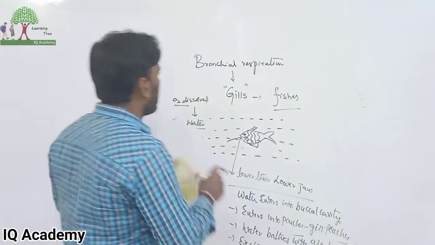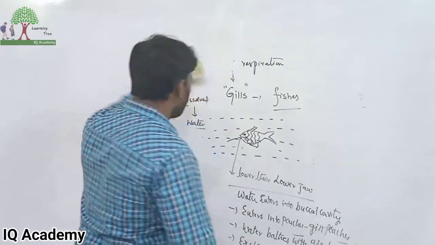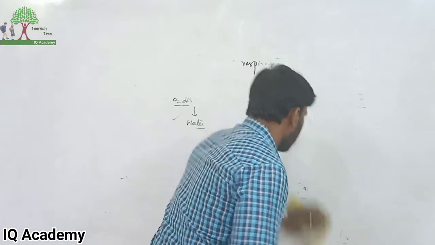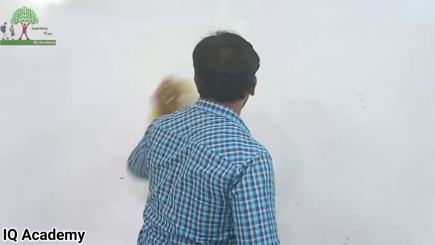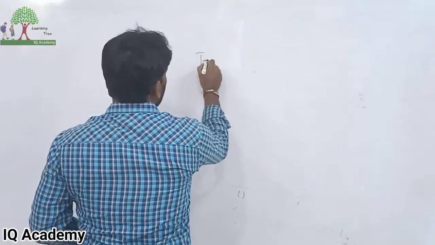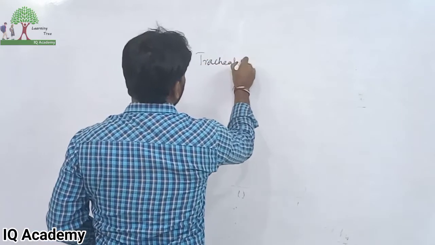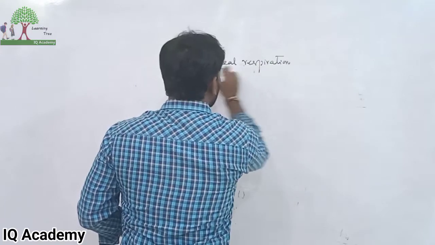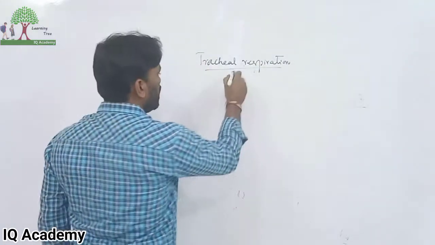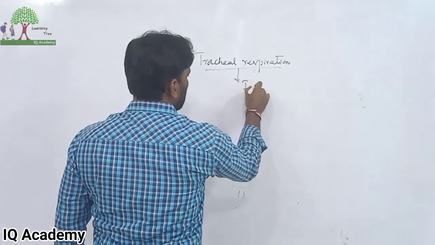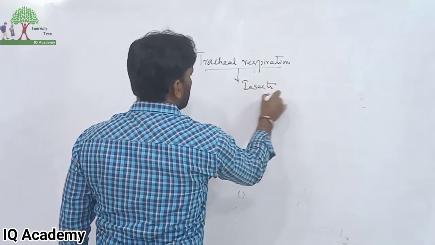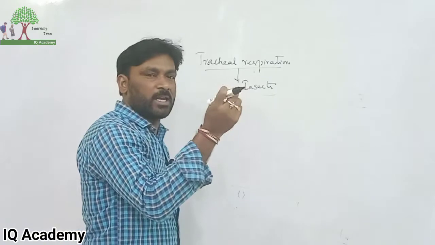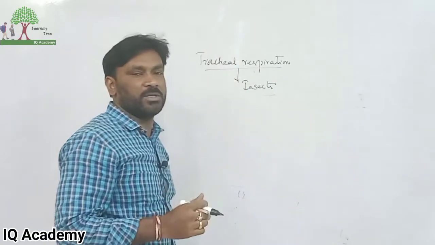Next, tracheal respiration. Tracheal respiration can be seen in all insects. Insects respire through trachea, and it is called tracheal respiration.